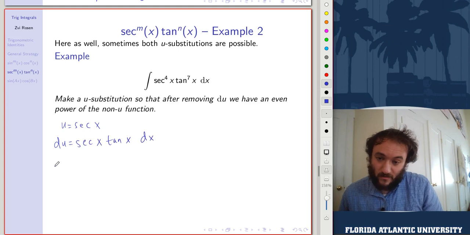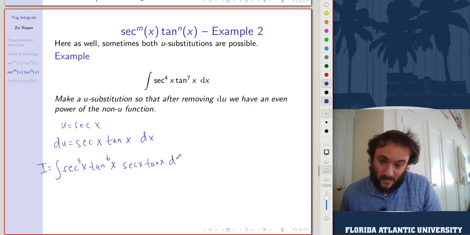And our integral becomes the integral of secant cubed x tan to the sixth x secant x tan x dx.